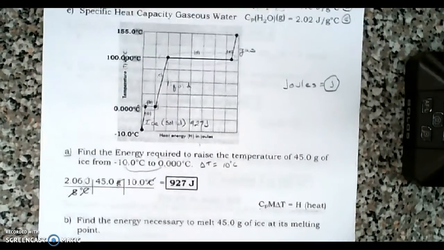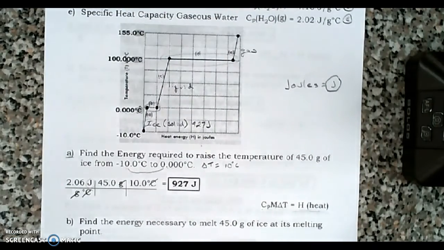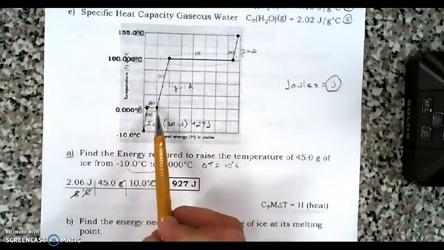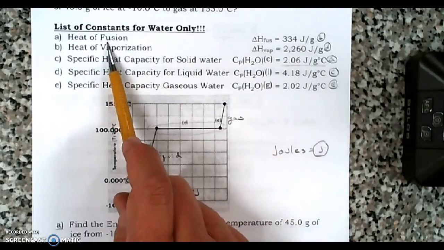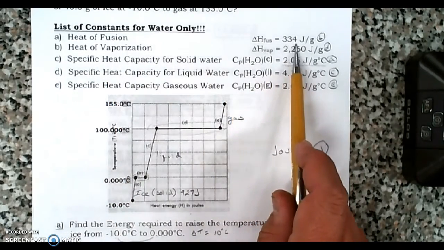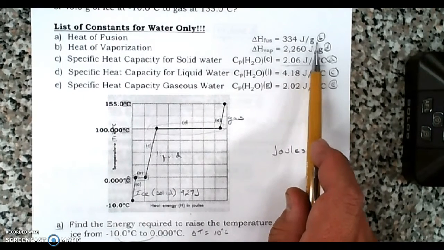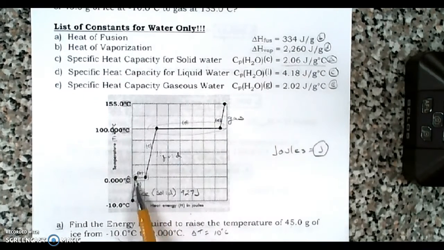It is part B. Sorry about that. So part B is the plateau. It's this little plateau here. If we go all the way back up to the top, we use the heat of fusion, 334 joules per gram, for part B. It's this plateau.